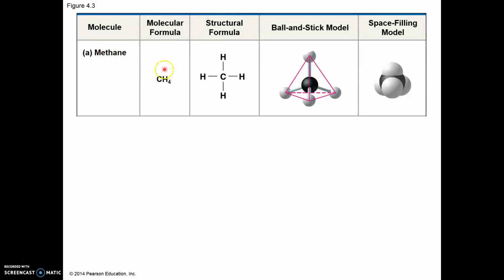So methane is CH4. Structurally, formula-wise, we oftentimes represent it like this, and this is how I often draw things on the board. But what I want you to remember is this isn't how it actually looks. It has this tetrahedral structure in 3-dimensional space, right? Here, this is called a ball and stick model.